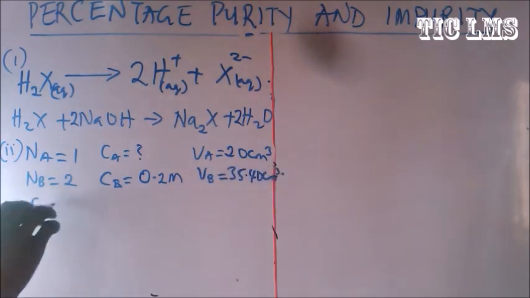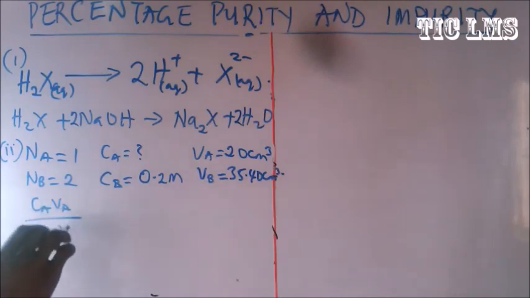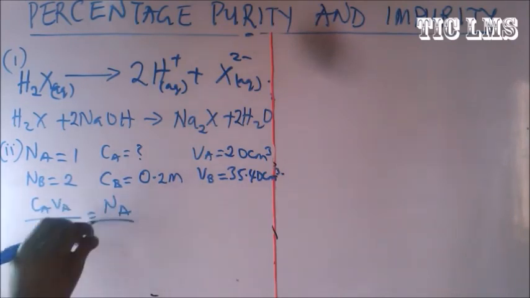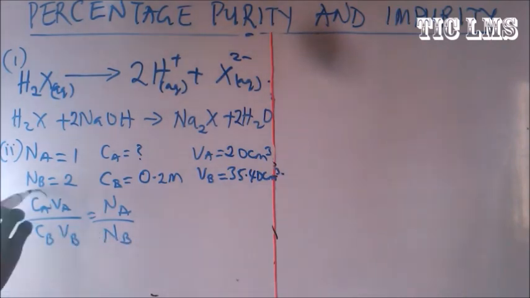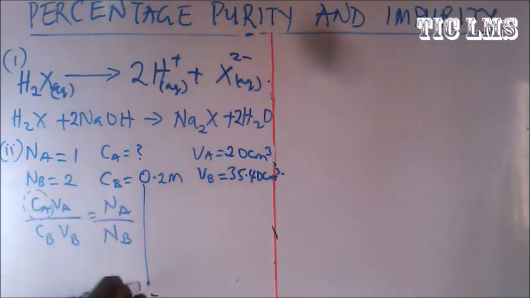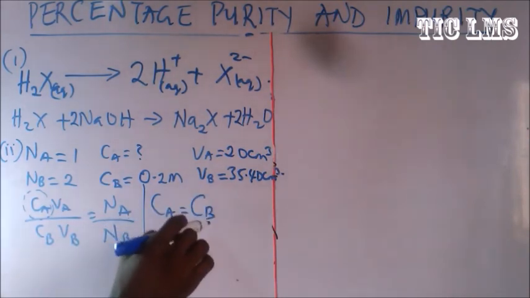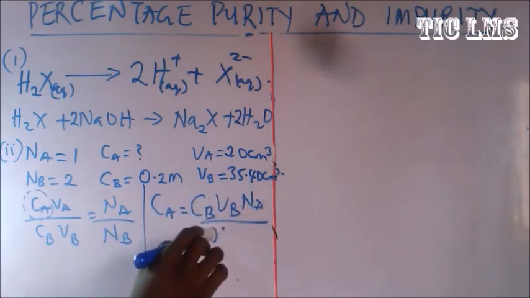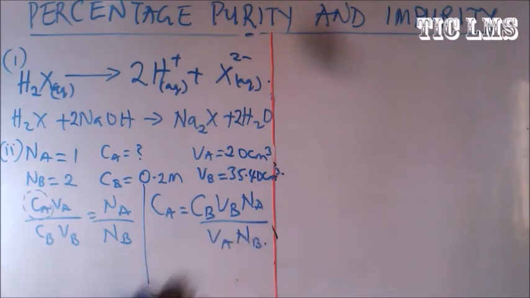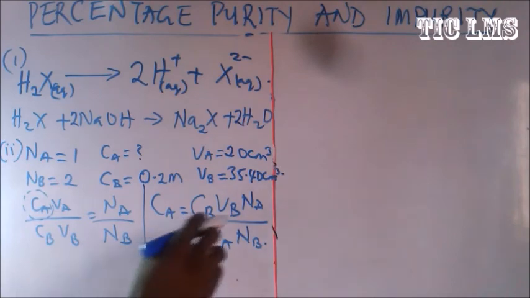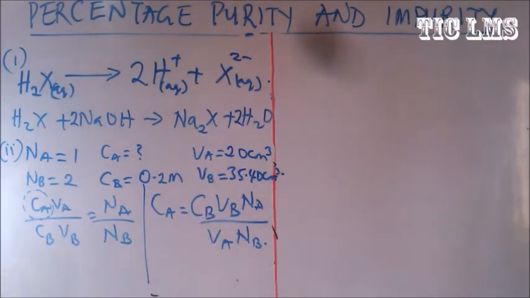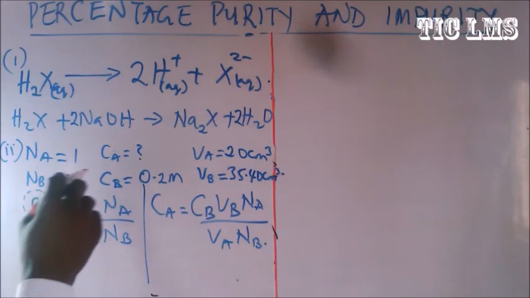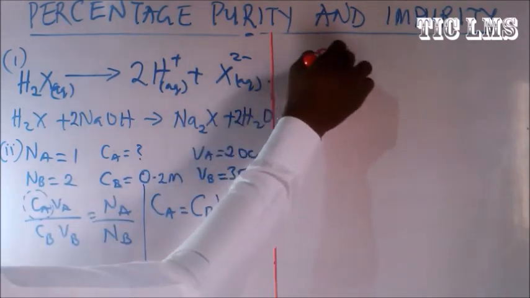And so we have our formula as CAVA over CBVB equal to NA over NB. We have to find concentration of acid. So we make concentration of acid the subject of this formula by having CBVB NA over VA and then NB. From here, we would substitute our values into this. So the concentration of base in this question is 0.2.